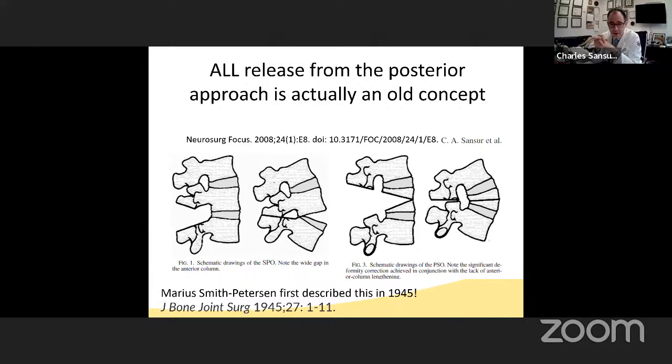If you look at the history of Dr. Smith-Petersen, he trained at Harvard and worked with Harvey Cushing for a portion of his training, and so you can see the close connection between orthopedics and neurosurgery even back then.